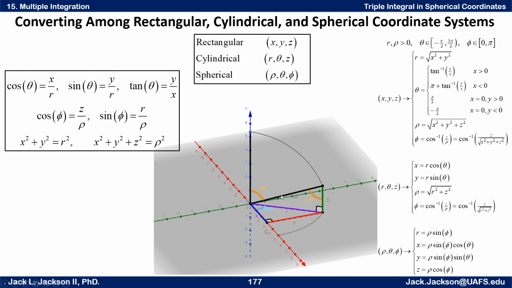But it's one of the legs up here on this one, where the sides are length r, z, and rho. And so you get r squared plus z squared equals rho squared. And of course, r squared is x squared plus y squared, so you get x squared plus y squared plus z squared equals rho squared.